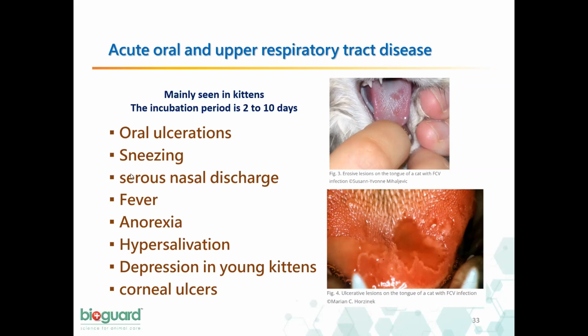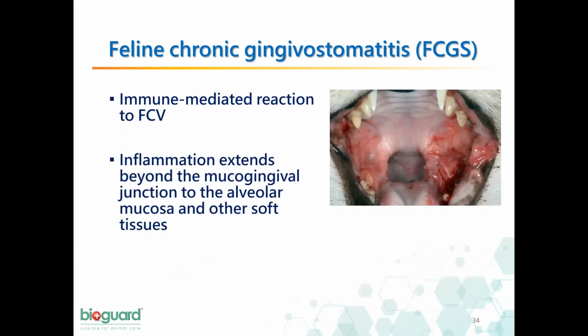Other clinical signs are related to upper respiratory tract disease, such as sneezing, nasal discharge, fever, anorexia, and hypersalivation. The cat will also have depression, especially the kitten, and also corneal ulcers.